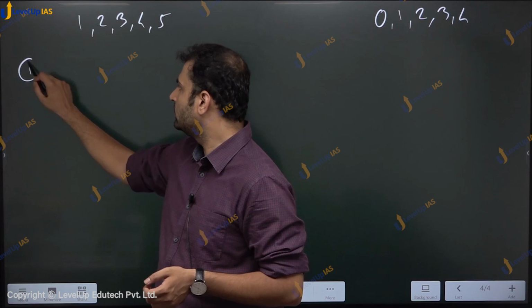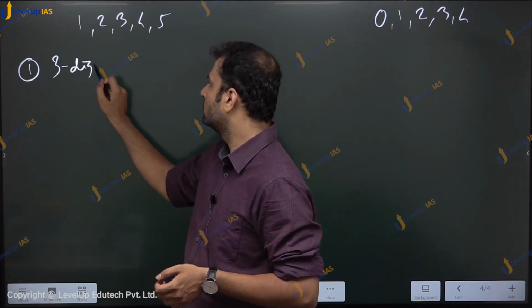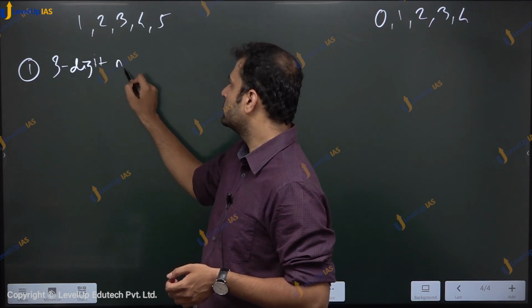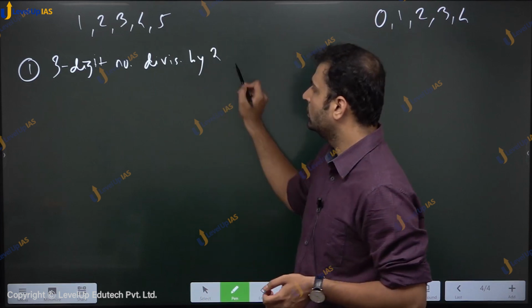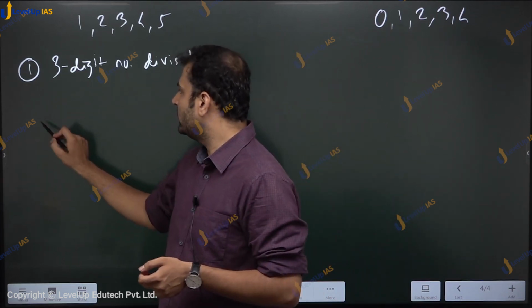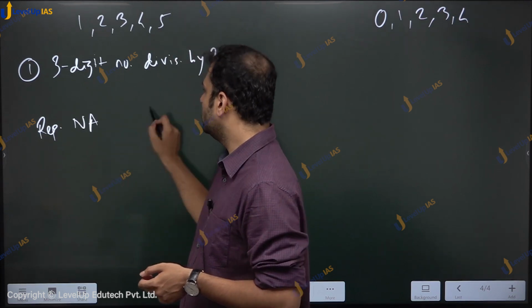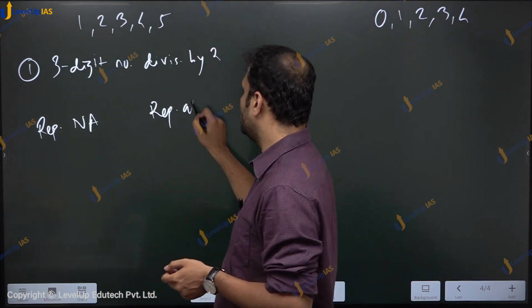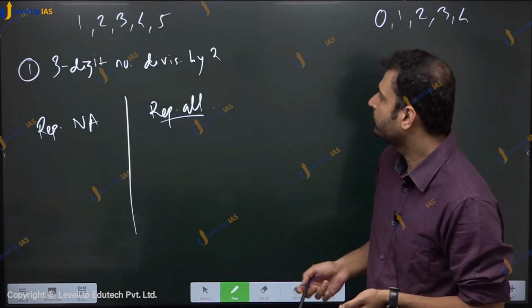Question number 1 है 3-digit numbers divisible by 2. Again उसमें सब question 1 है repetition not allowed. Here repetition allowed. Right?